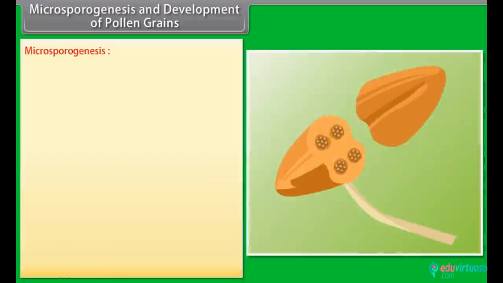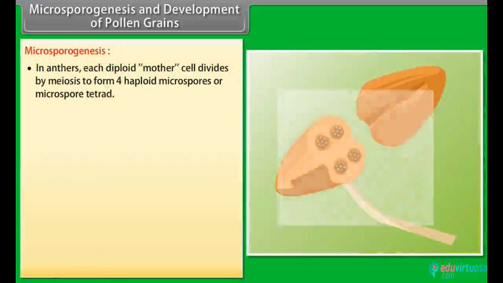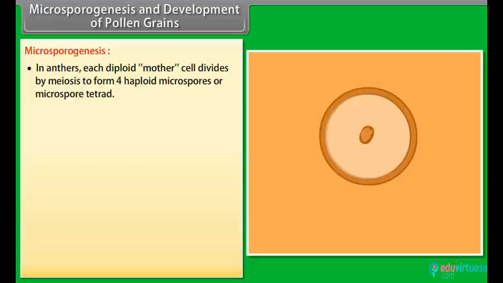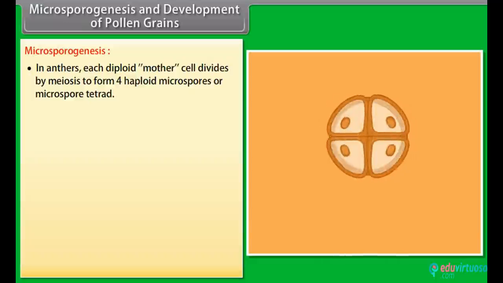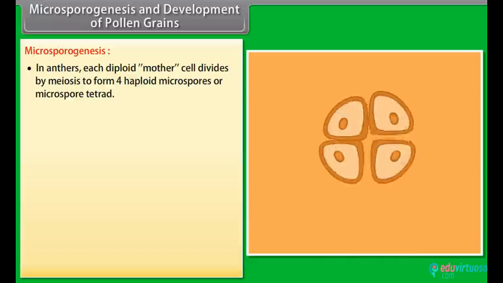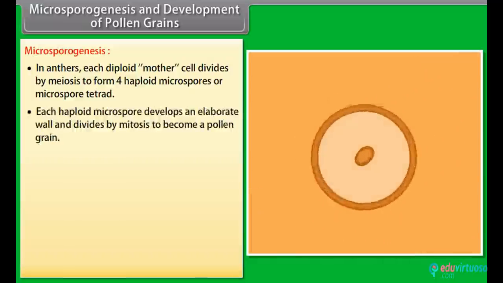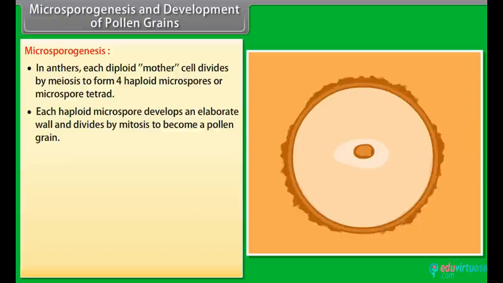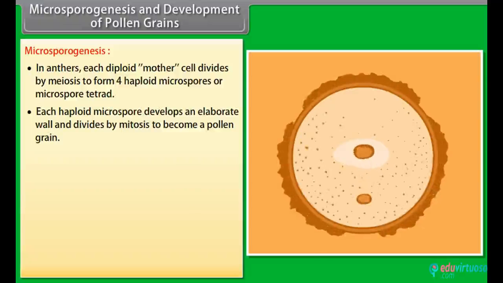Microsporogenesis and development of pollen grains. Microsporogenesis. In anthers, each diploid mother cell divides by meiosis to form four haploid microspores or microspore tetrad. Each haploid microspore develops an elaborate wall and divides by mitosis to become a pollen grain.